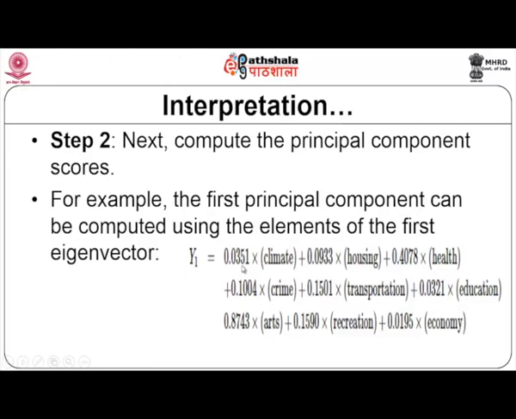So, here the 0.0351 indicates climate attribute contributes 0.0351 times to understanding the original data set. Similarly, the housing parameter contributes 0.0933 times. This is nothing but a principal component vector, or it can be treated as the first principal component for modeling and understanding our data set.